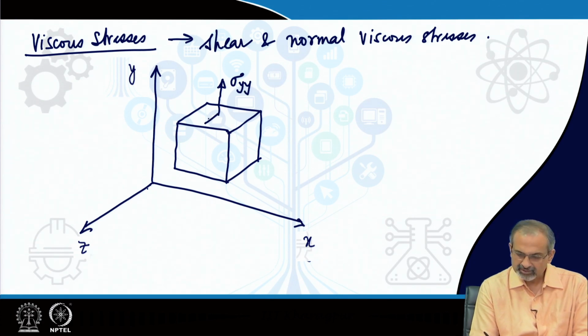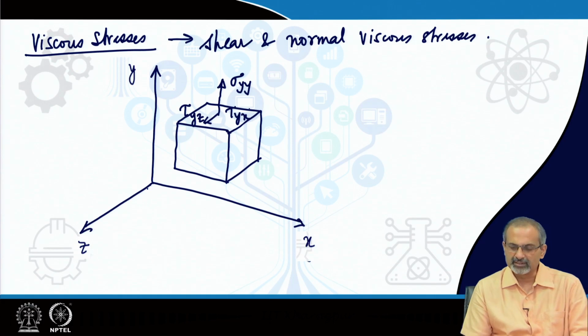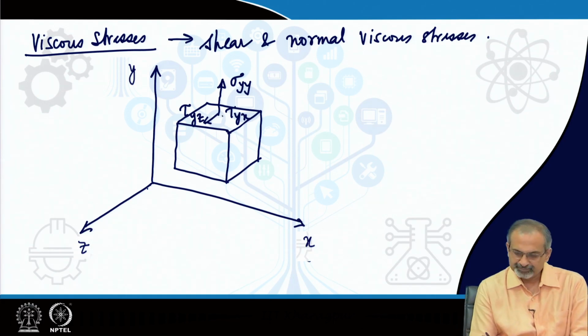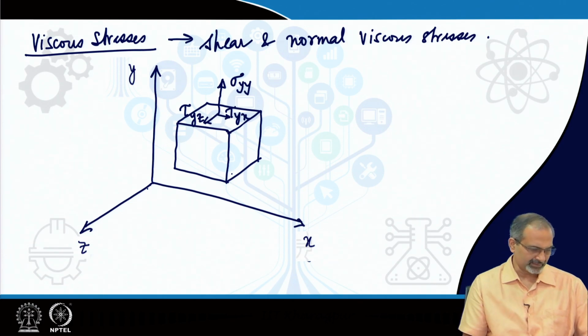The shear stresses will be indicated with taus, while the normal stresses will be indicated using sigmas, and then you can see arrows indicating directions.